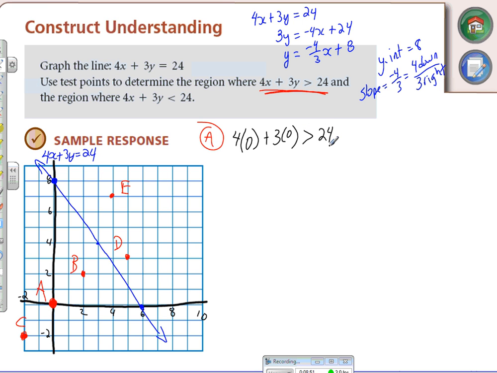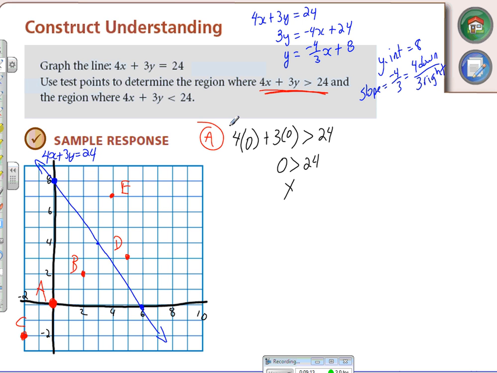Let's see. 0 plus 0, 0 greater than 24? Not true. So it's not being satisfied by that. So that means this point is not meeting this criteria. It's not a place where this is true.